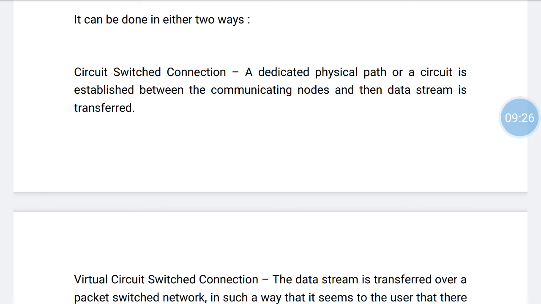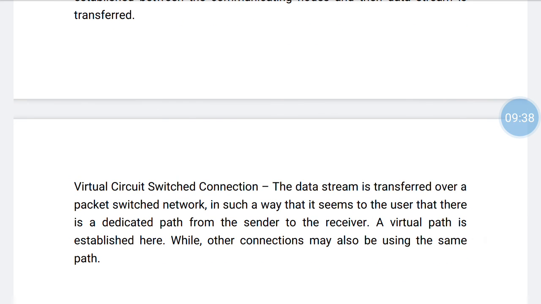In virtual circuit switched connection, the data stream is transferred over a packet switched network in such a way that it seems to the user that there is a dedicated path from the sender to the receiver. A virtual path is established here, while other connections may also be using the same path. So these are the design issues of the network layer.